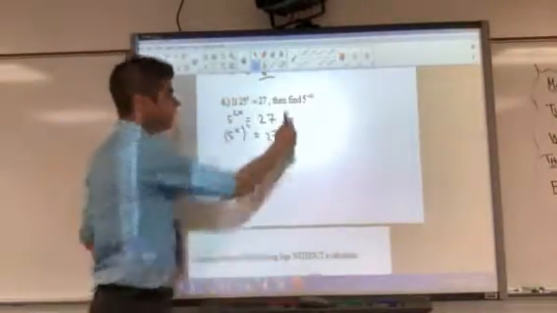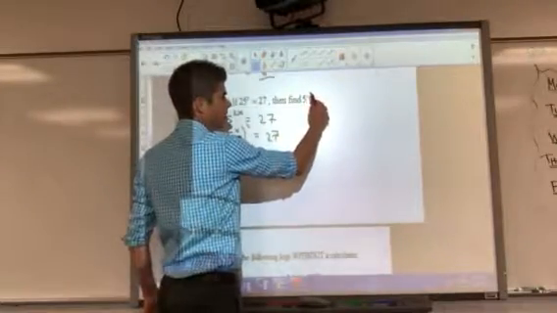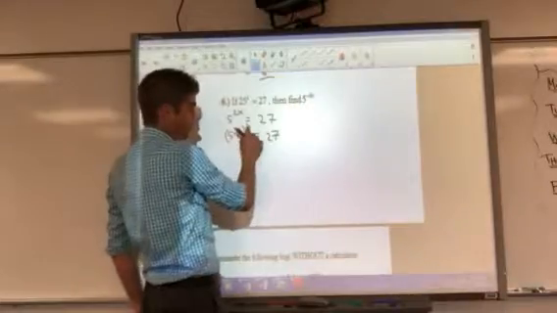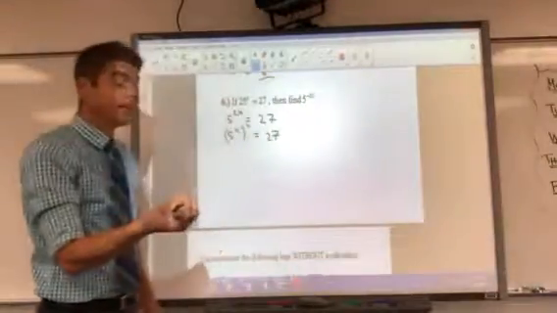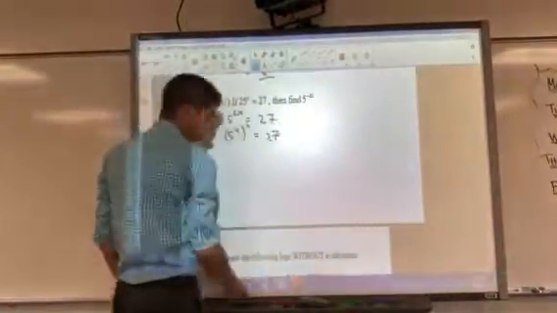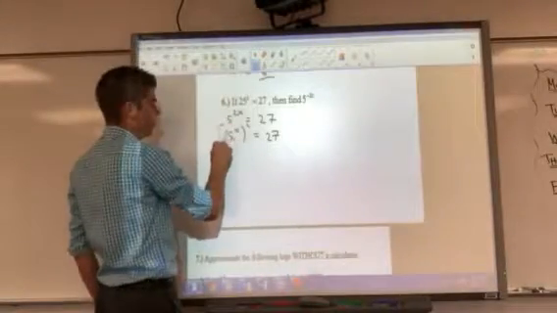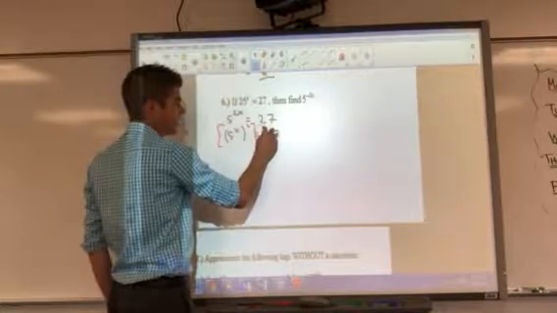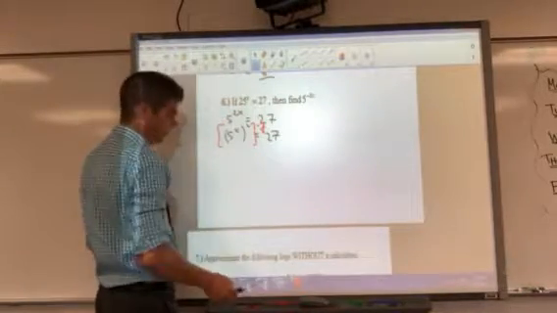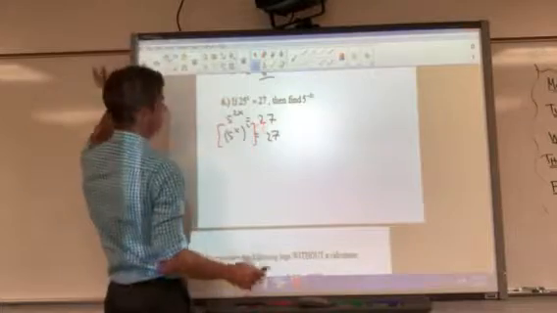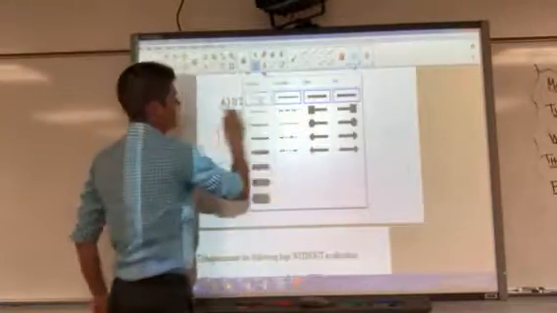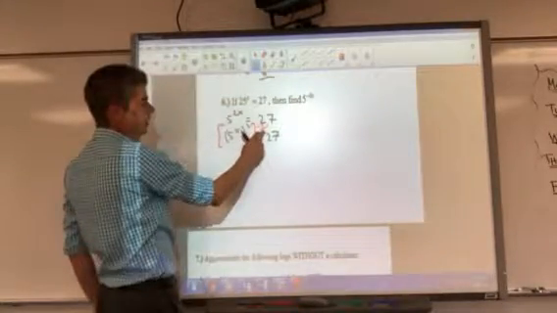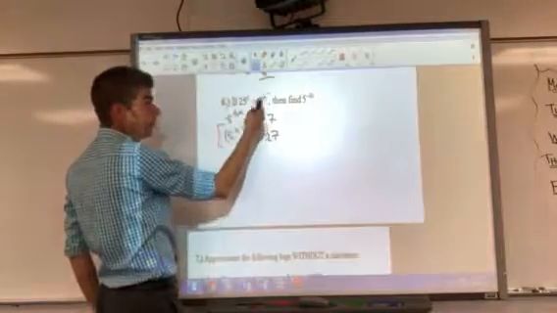I am trying to get 5 to the negative 3x, which I have 5 to the x here. I basically need to get rid of this 2 and introduce the negative 3. So if I raise this, that's a 2x, to the negative 3/2 power, negative 3 times 2x will give me negative 3x.